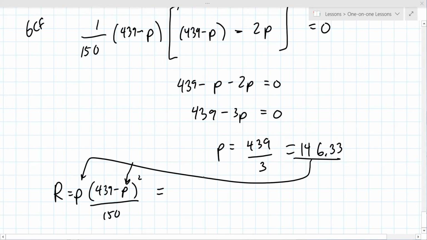And I get 83560, rounded to the nearest dollar. 83560.